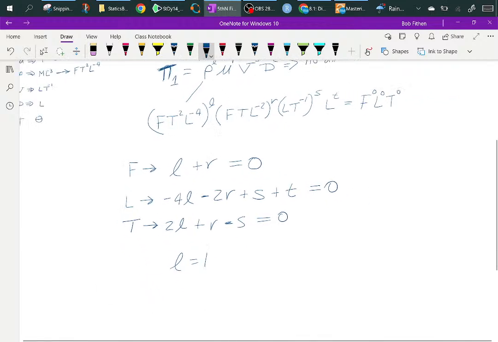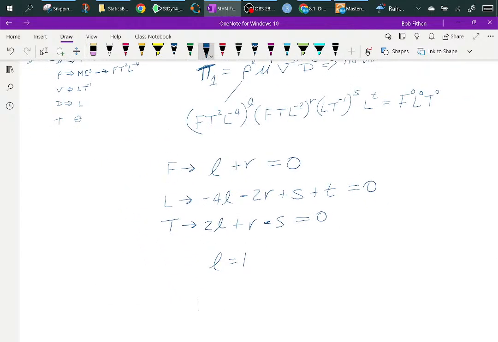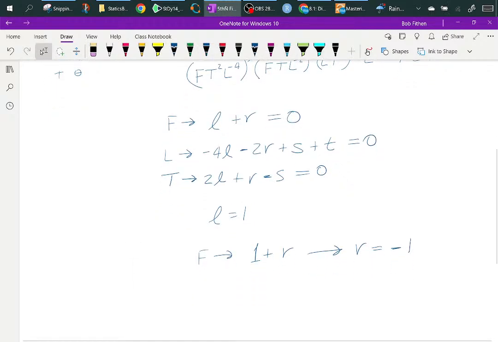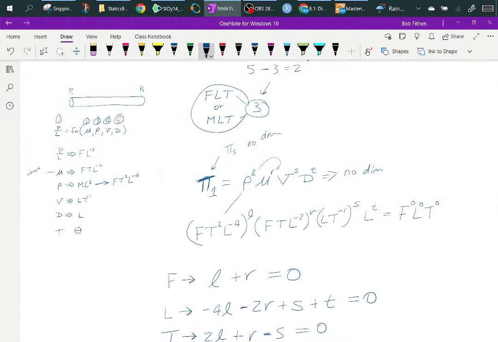If I set L equal to 1, then my F equation becomes 1 plus R, so R is equal to minus 1. Now go into the L equation. I'm just saying L is equal to 1, because I got too many. I got 1, 2, 3, 4 of these, but I only have 3 equations.